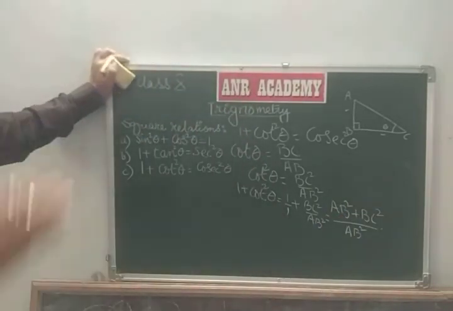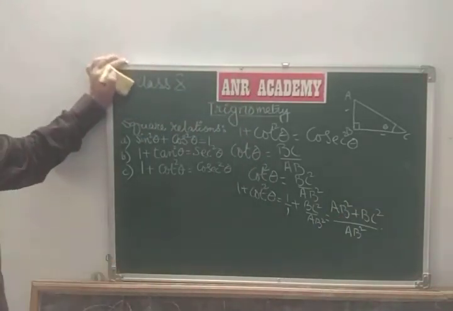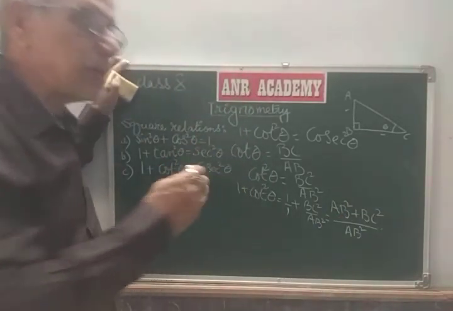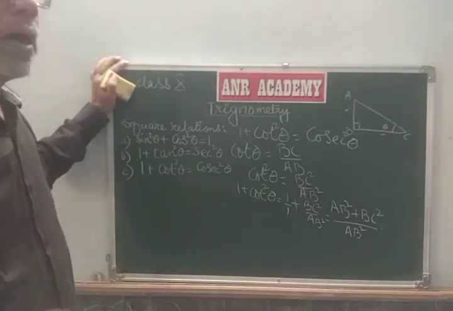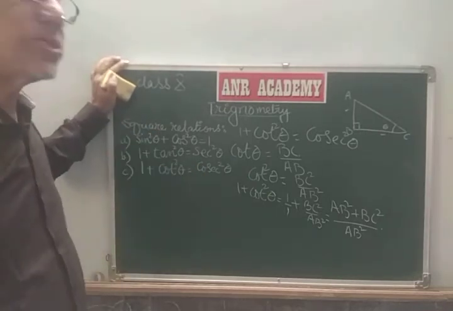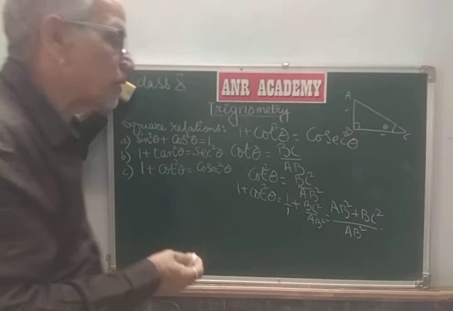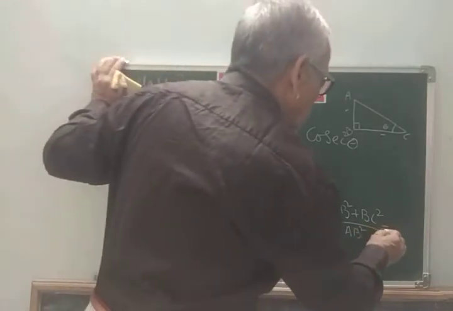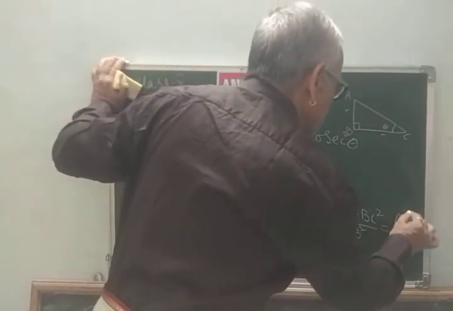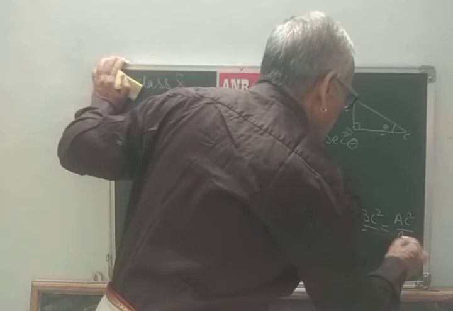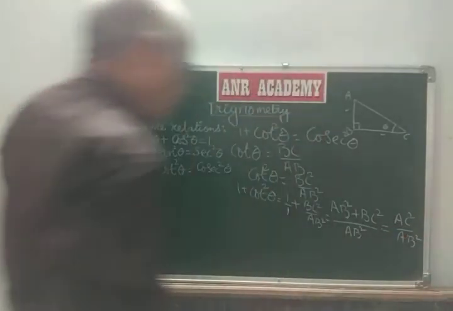So in any right angle triangle, the square of base and the square of altitude is equal to hypotenuse square. So this is AC square by AB square.